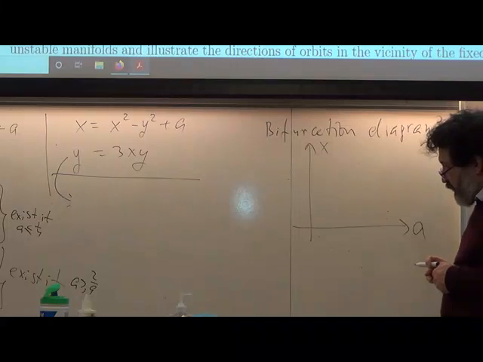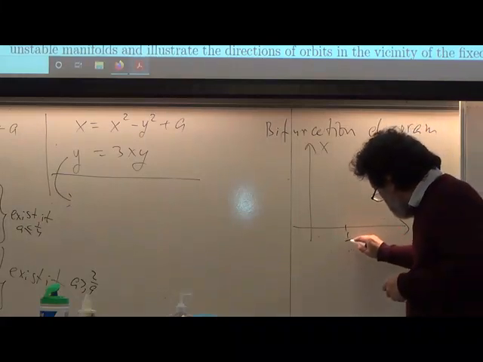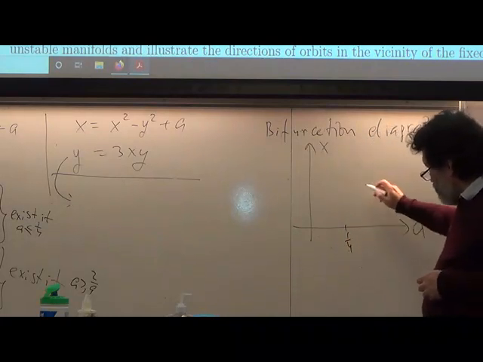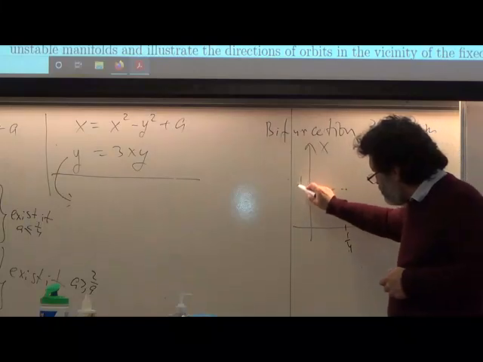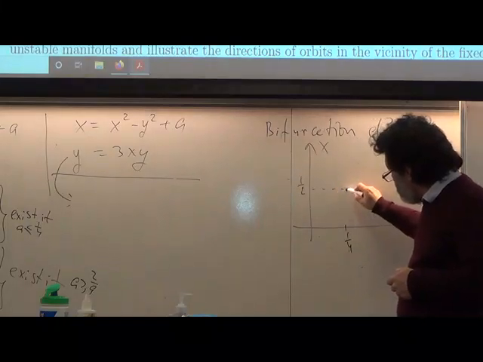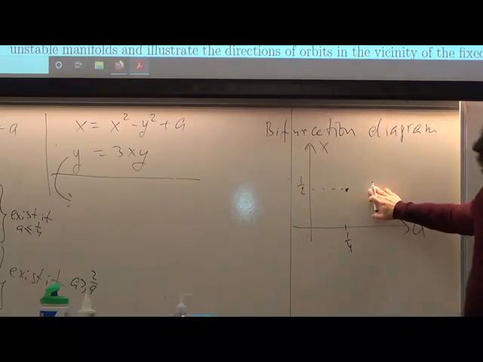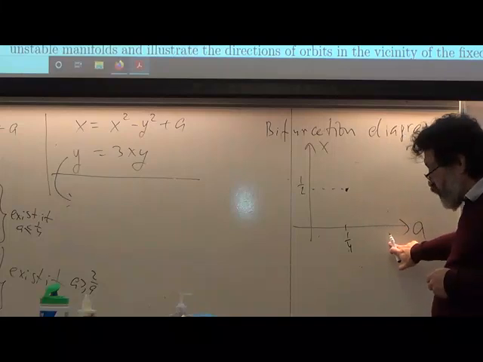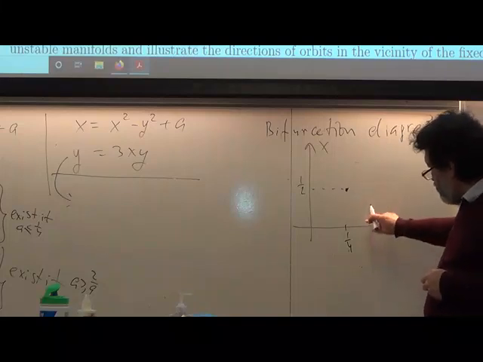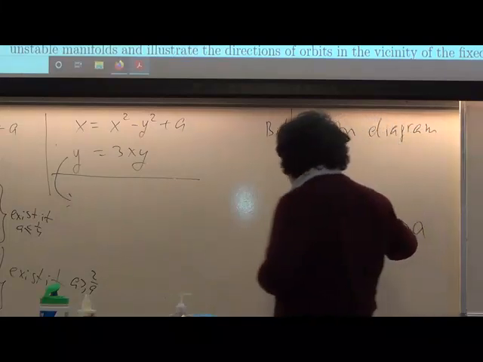When E equals to quarter, they merge and equal to half. So the first fixed point is at the same position as the second, and it's half. If E is more than quarter, we don't have them. If E is less than quarter, we have them.